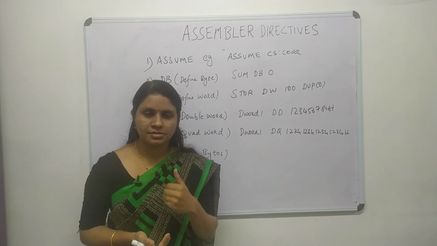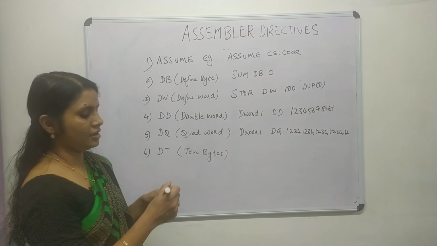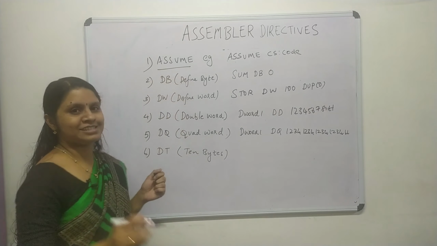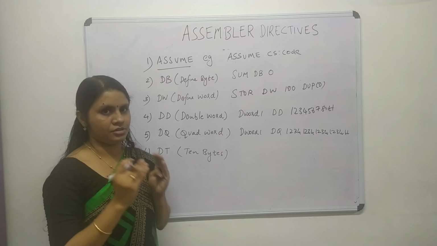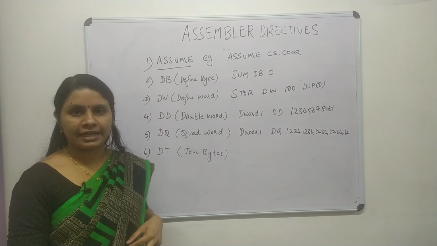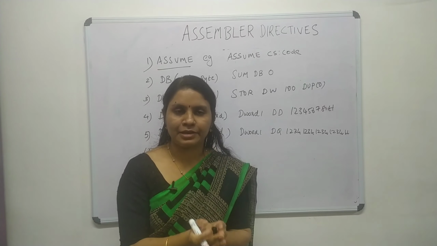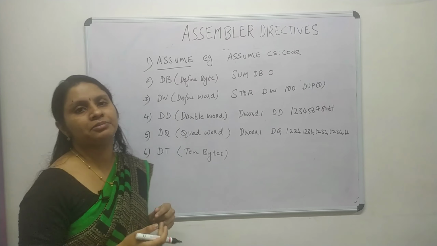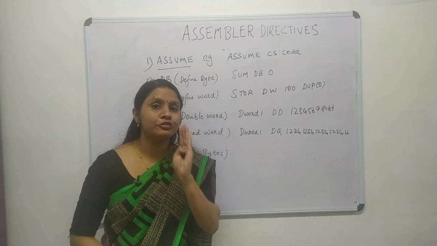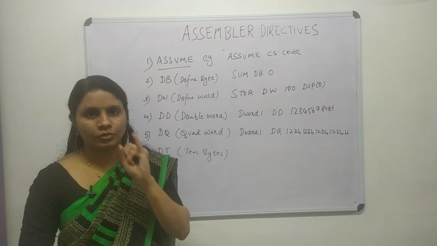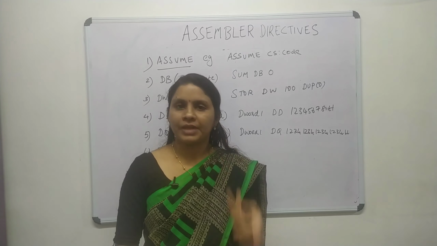We'll see some of the assembler directives. First is ASSUME. Assume is an assembler directive used in assembly language for 8086. The assume directive tells the assembler the name of the logical segment that should be specified. 8086 works on 4 physical segments: code segment, data segment, stack segment, and extra segment.